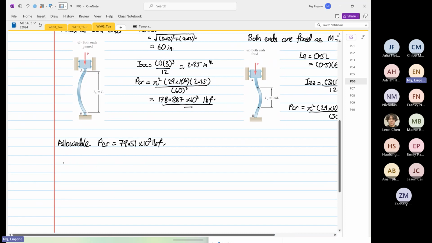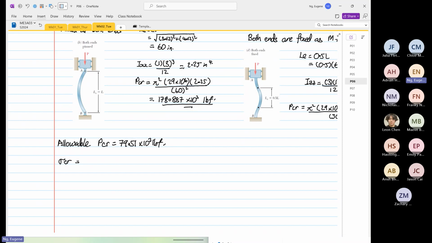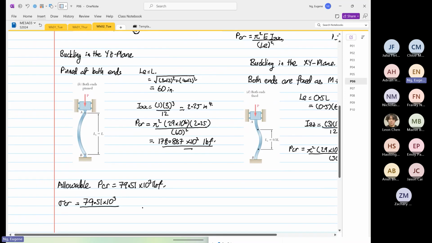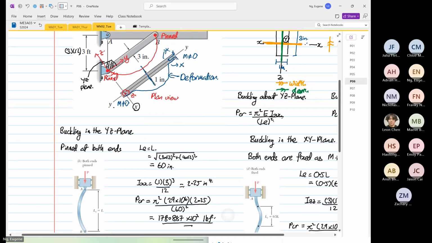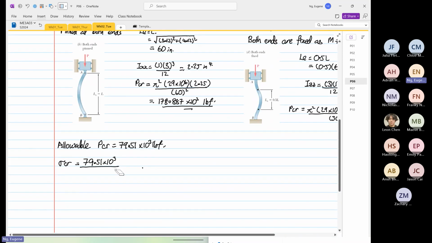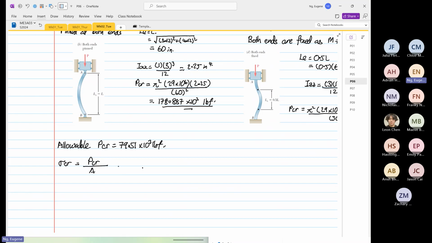Once you have this, you immediately can calculate the critical stress. Okay, why we have to calculate critical stress? I'll explain later. So this is 79.51 times 10 to the power 3 divided by the cross-sectional area. So this is basically PCR divided by area. Right?